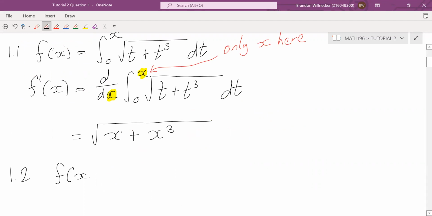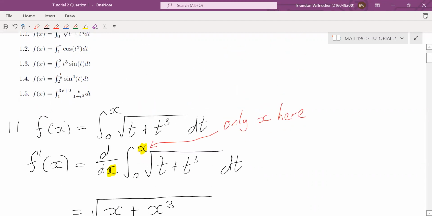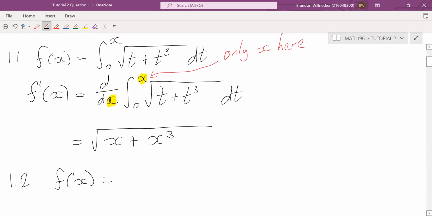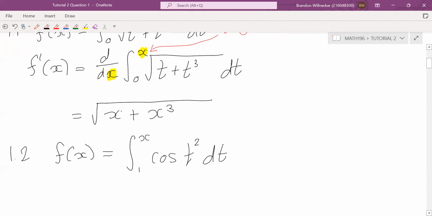Let's take a look at 1.2. Here we have f of x equal to the integral from 1 to x of cos of t squared dt. Again, we want to find the derivative.